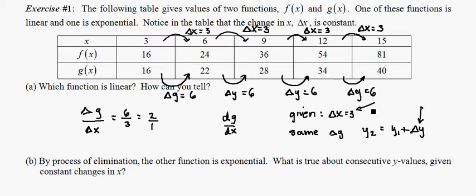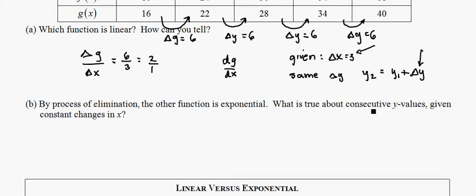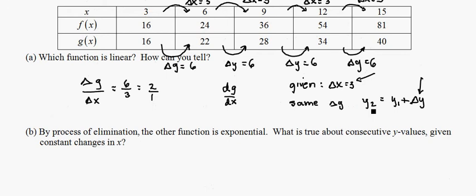All right, this is always harder for students to see. But in the case of f, what's true about 2 consecutive y values isn't that their difference is constant, right? Isn't that what this means? Delta g equals 6. It means that y2 minus y1 is always a constant. But in the case of this exponential function, it's the ratio of 2 consecutive y values for a given delta x.